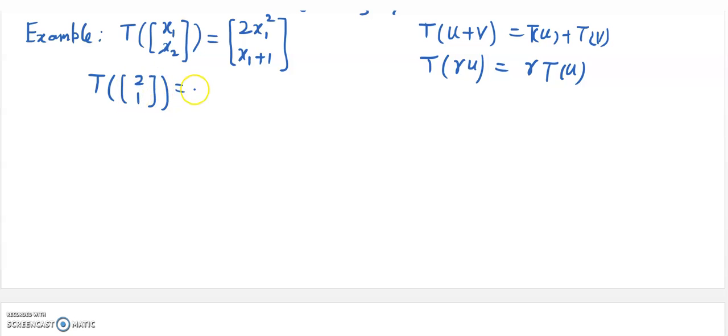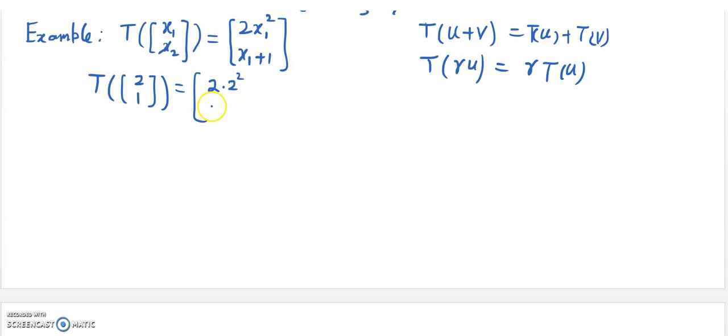By this formulation, the transformation will be equal to 2 times 2 squared, because this is x1, and x2 will then be x1 plus 1.